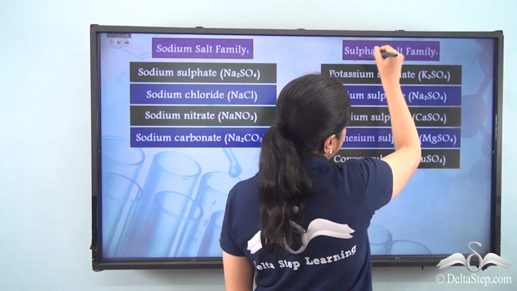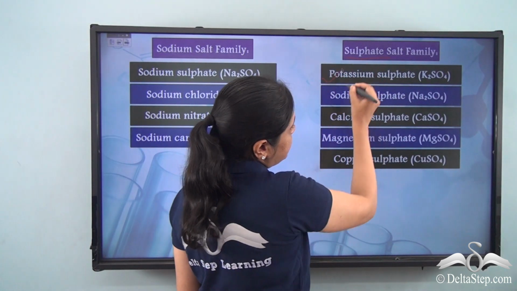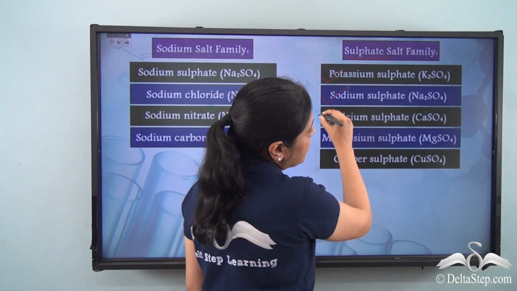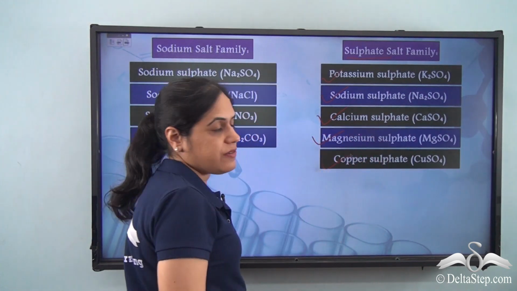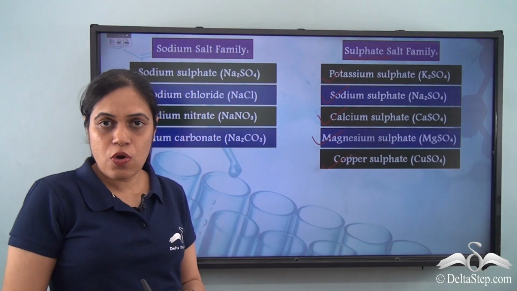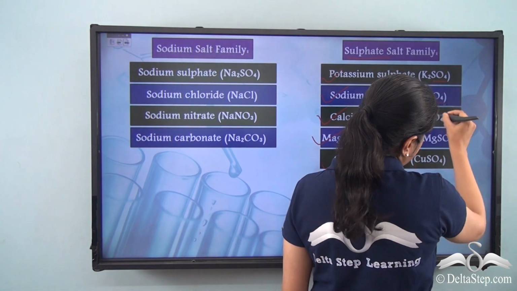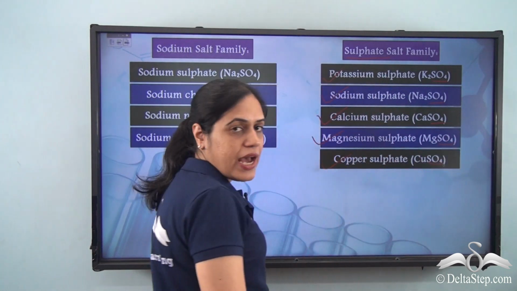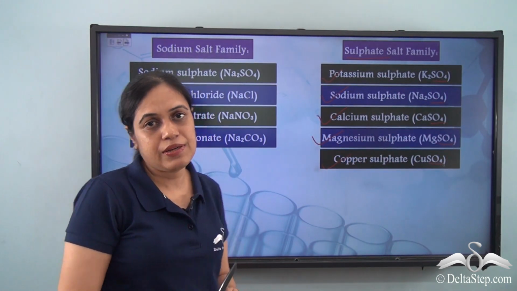This is the sulfate family: potassium sulfate, sodium sulfate, calcium sulfate, magnesium sulfate and copper sulfate. Each of these salts has sulfate as the common ion. So these belong to the sulfate family.